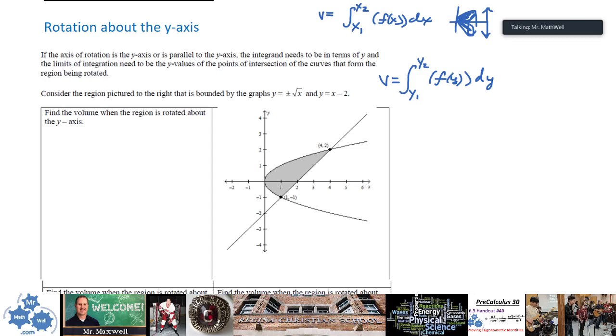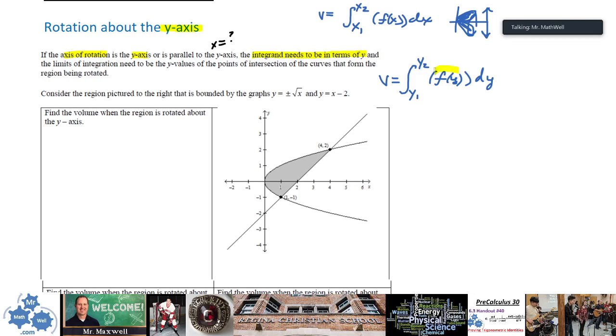So let's highlight a few things from this notes package. When we want to rotate about the y-axis, or something parallel to the y-axis like x equals something, then the integrand needs to be in terms of y.